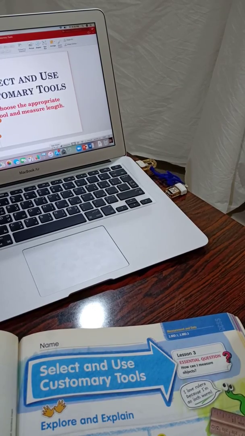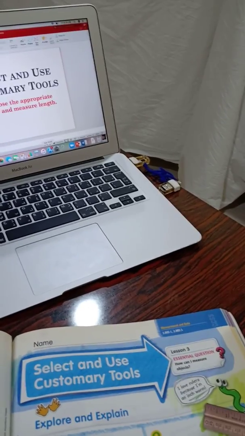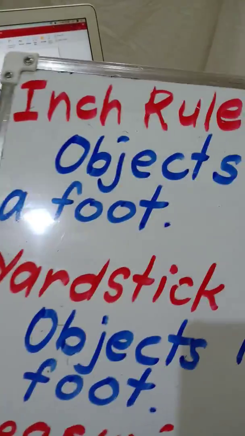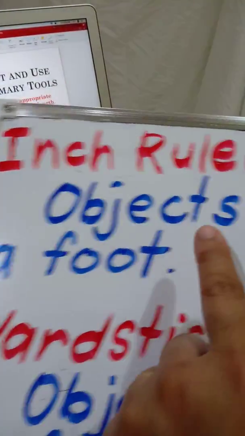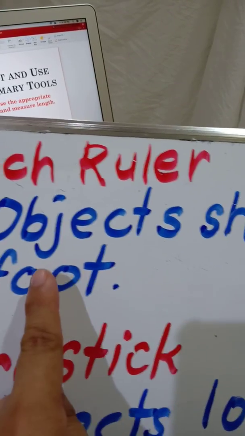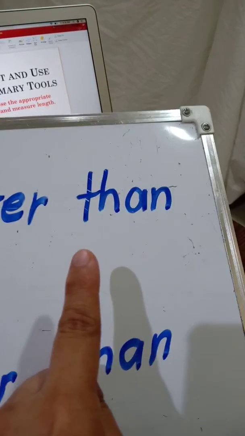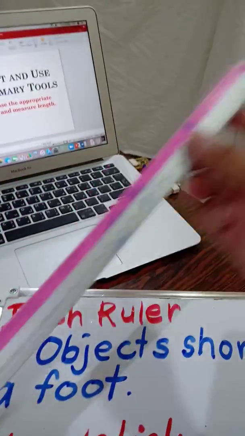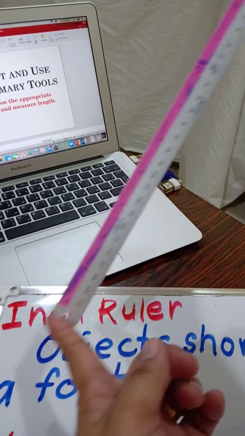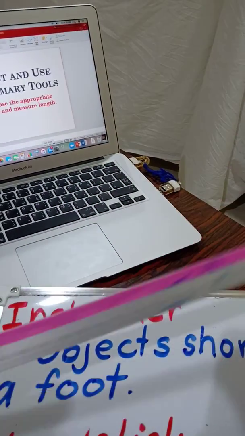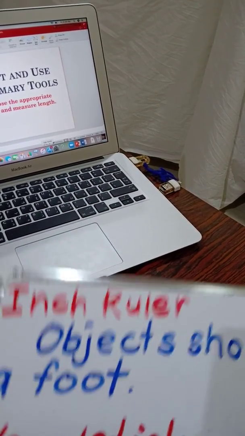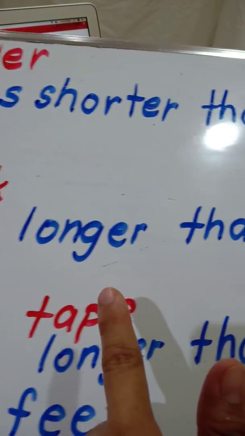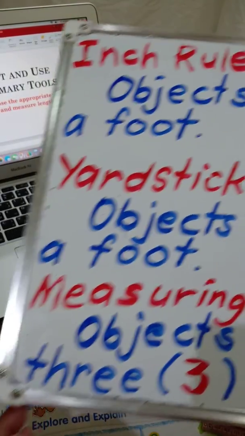Now, I want you to remember this one. We're going to use an inch ruler if our object is shorter than a foot. So if your object is small, smaller than this 12-inch ruler, then we're going to use a yardstick if our object is longer than a foot.